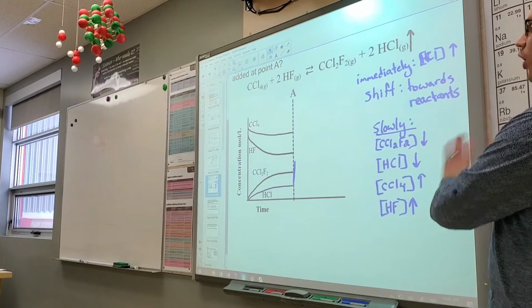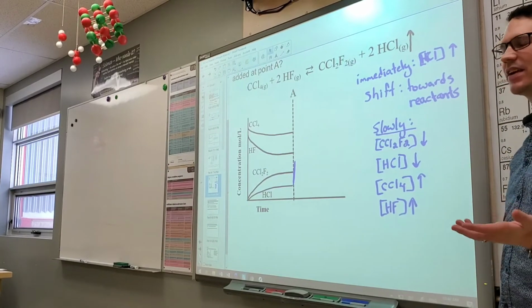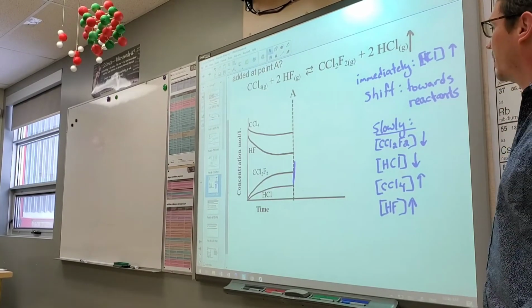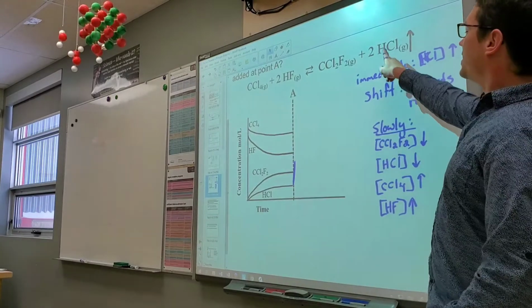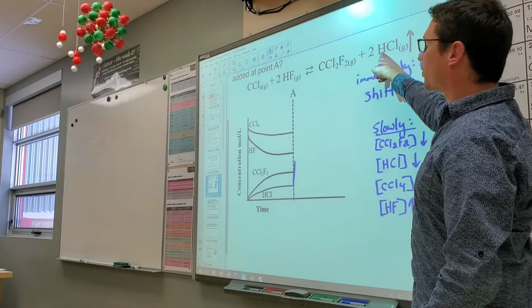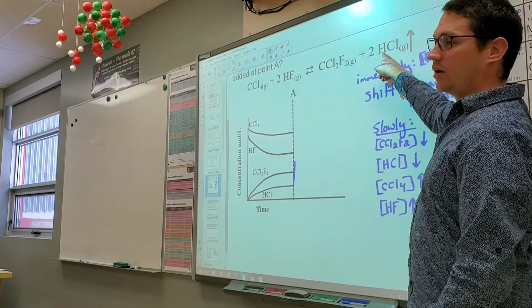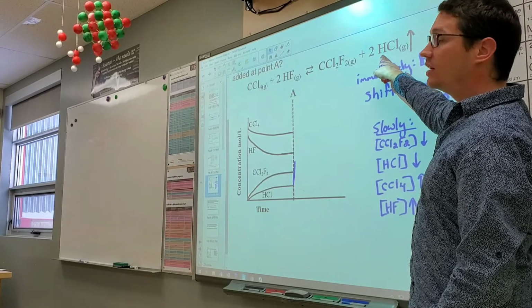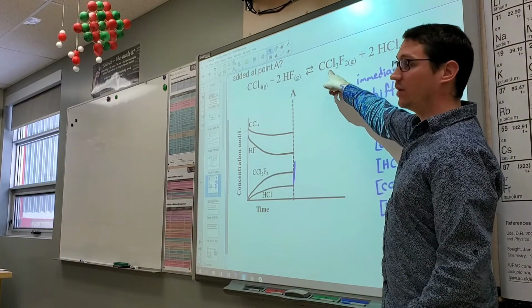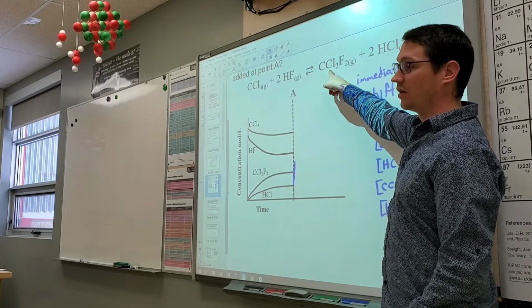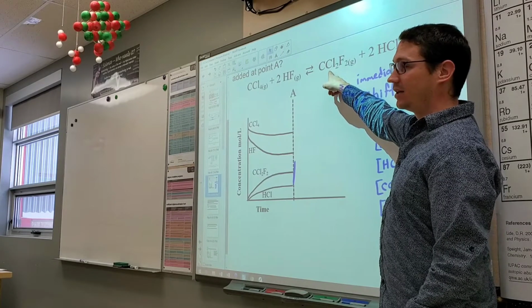Now, here's the only part where the math comes into play. Which of these two concentrations is going to decrease more? Is the HCl concentration going to decrease more, or is the CCl2F2 concentration going to decrease more? What do you think?